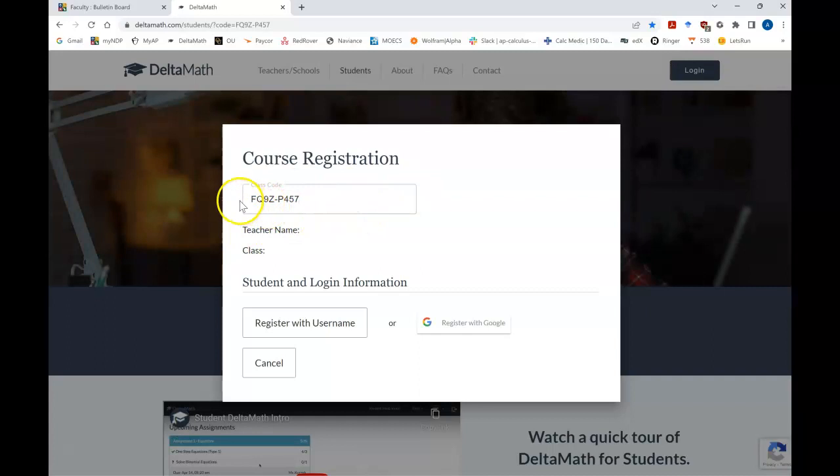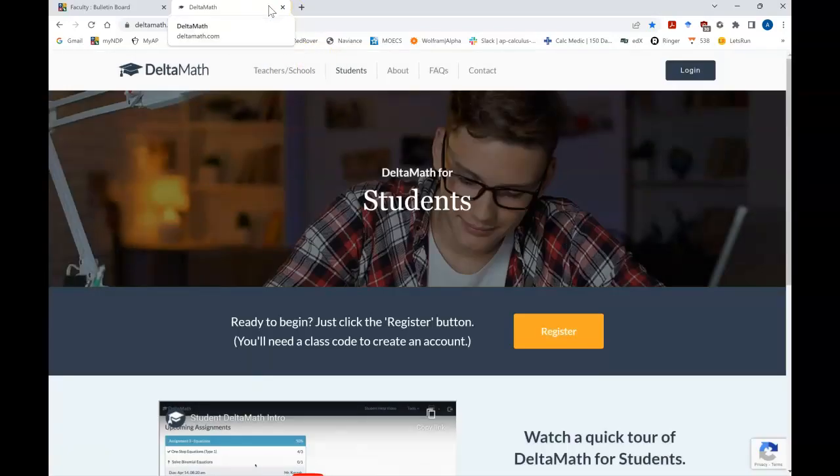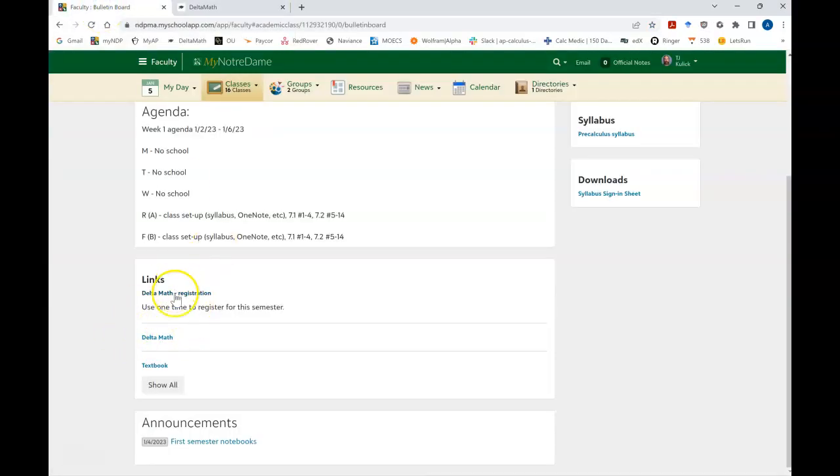It should put you here and fill in the passcode or the registration code automatically for you. Just hit register with Google, and then basically you're done. If you just do the link, the code will automatically be there for this semester section, and you just hit register with Google.